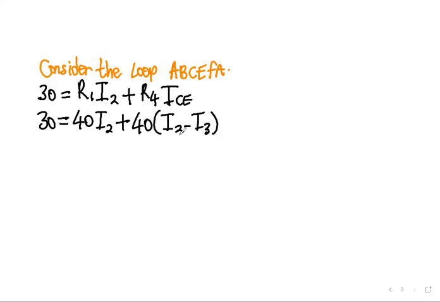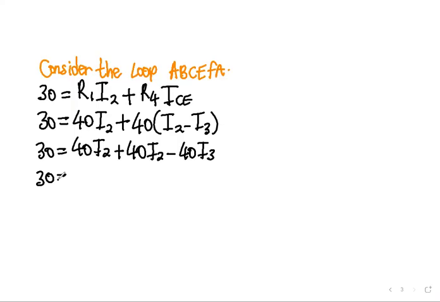The next step is to multiply and remove the bracket. So we have 30 equals 40 I2 plus 40 I2 minus 40 I3.